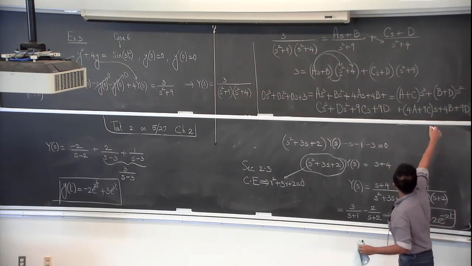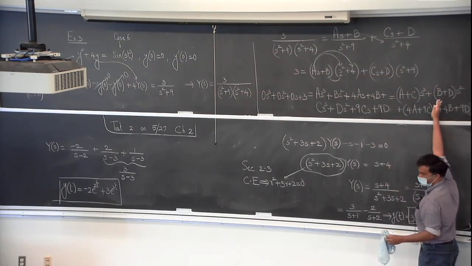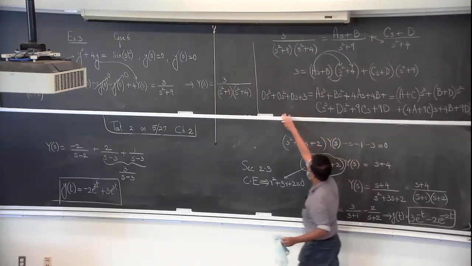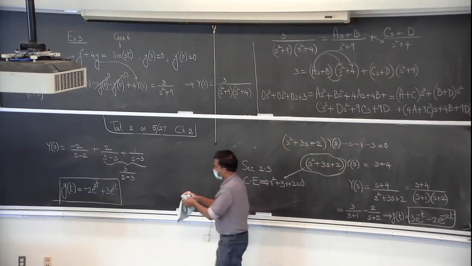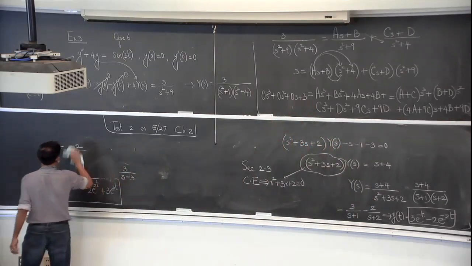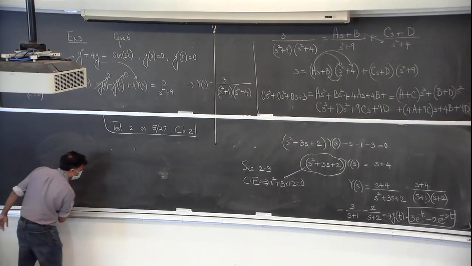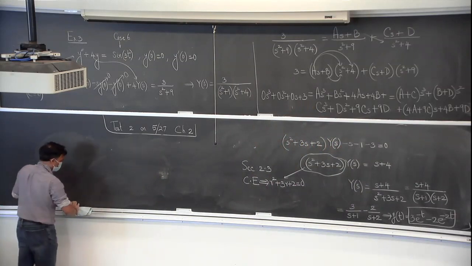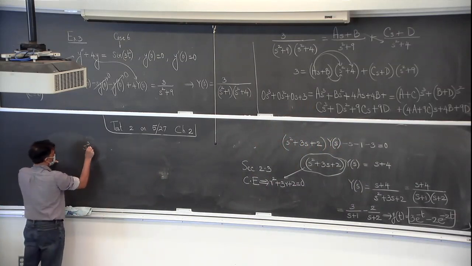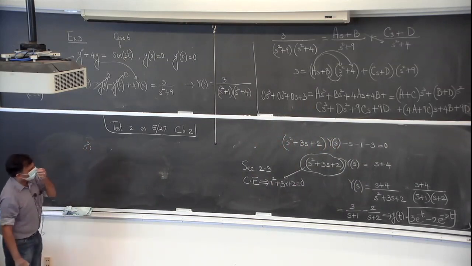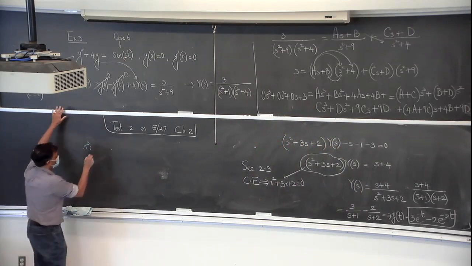So now compare the coefficients of this set of terms here and all these terms on the left-hand side. Compare the coefficients of s to the power of 3 and you get a plus c equal to 0.